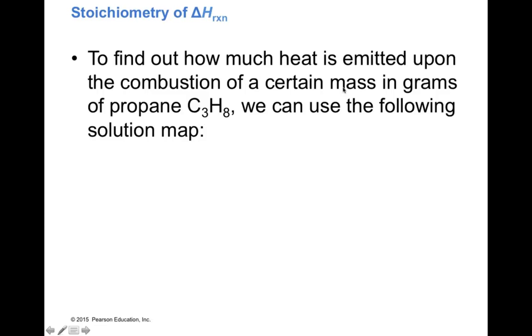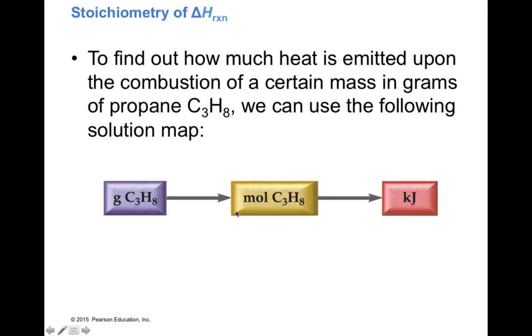We need first to change the mass to moles, because remember that the only way to compare the different compounds and heat is through the moles, because that's what we obtain from the chemical reaction, and the chemical reaction is expressed in moles. So we need to change this mass of propane to moles of propane, and to change from mass to moles, we use the molar mass.